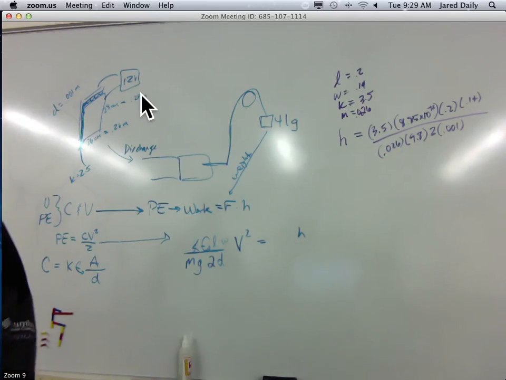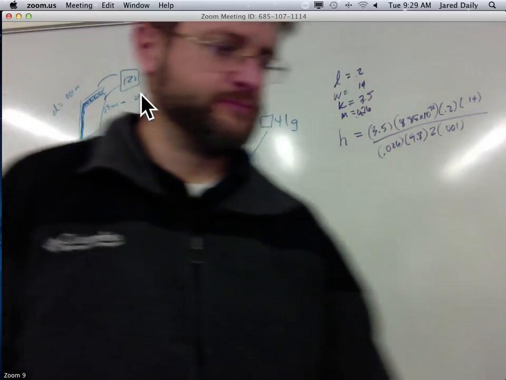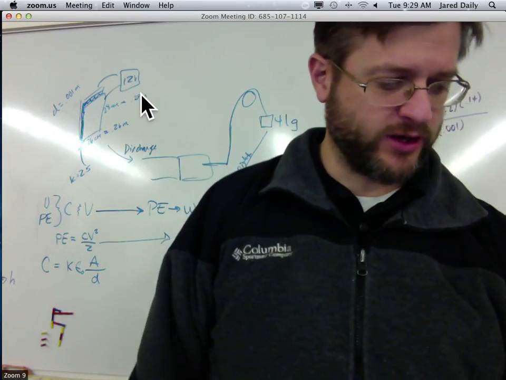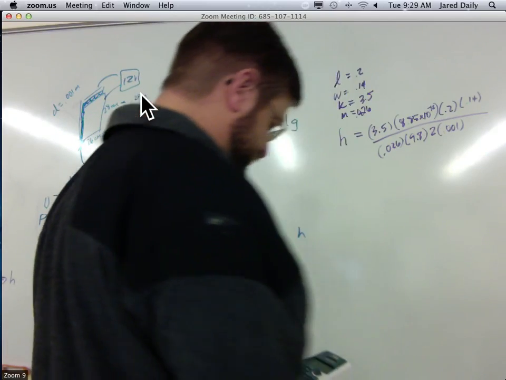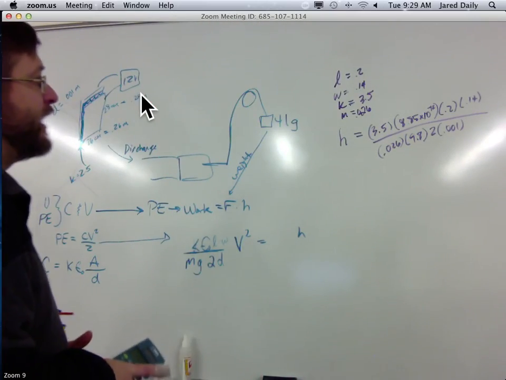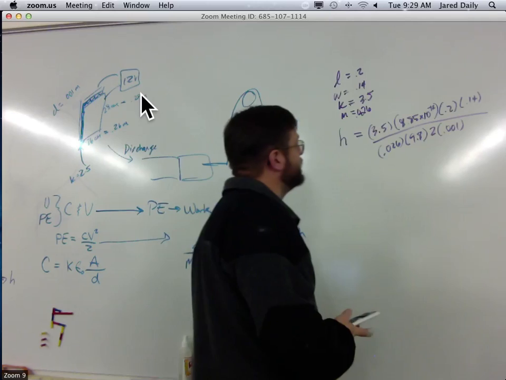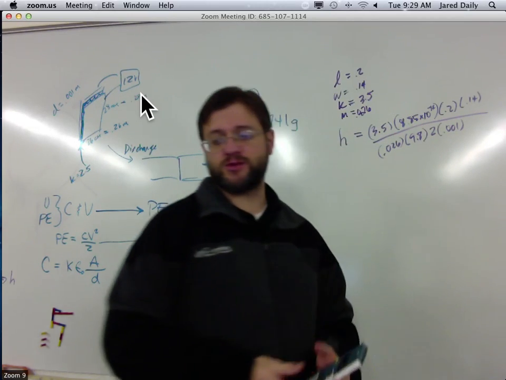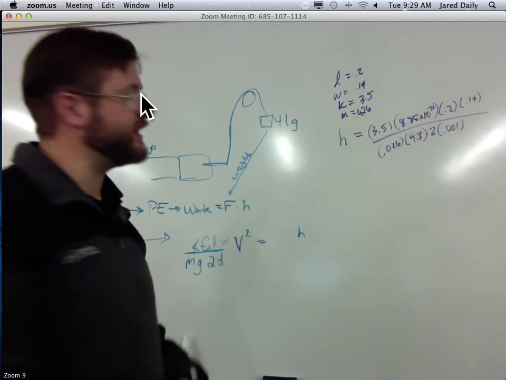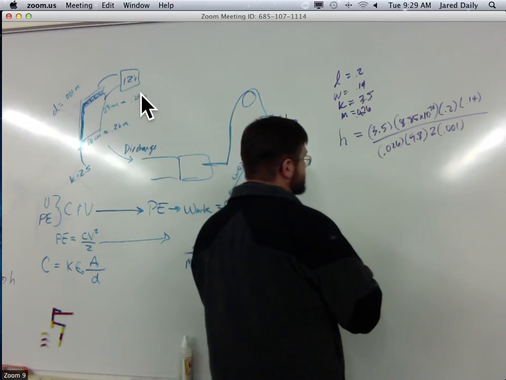Okay, so let's get a calculator out. If you want to do it by calculator, you can do it by hand if you want as well. Now what I'm going to do is do all the numbers first. I'm going to leave off this 10 to the minus 12, because a lot of people struggle when they enter in the 10 to the somethings.